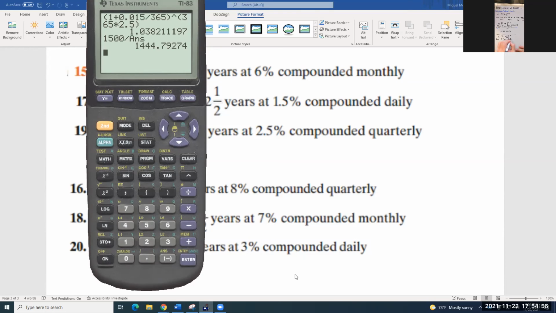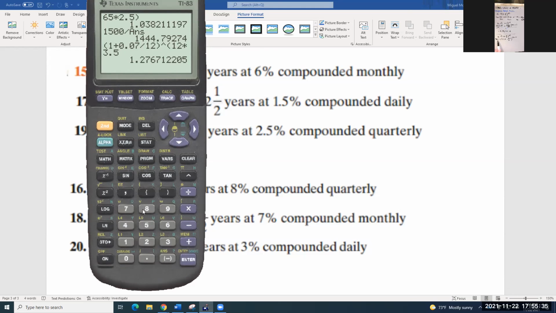7%, 0.07, monthly, 12 months in a year, 12 times 3.5 years, so 3.5. Okay, so let's go ahead and do it in the calculator. Let's first calculate all of these. So it's parentheses 1 plus 0.07 divided by 12, close parentheses, raised to the power of parentheses, 12 times 3.5 equals that.